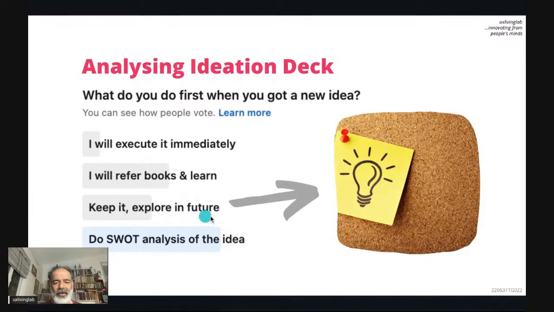Then the next is keep it, explore in future. That's okay. That's a good thing, but don't keep it forever. Maximum you can keep it for 3 months, because after 3 months it will be obsolete and everything will change. So it's better to do something within 3 months. Don't keep it more than 3 months. But it's a very lazy thing, so people won't refer to the old things.